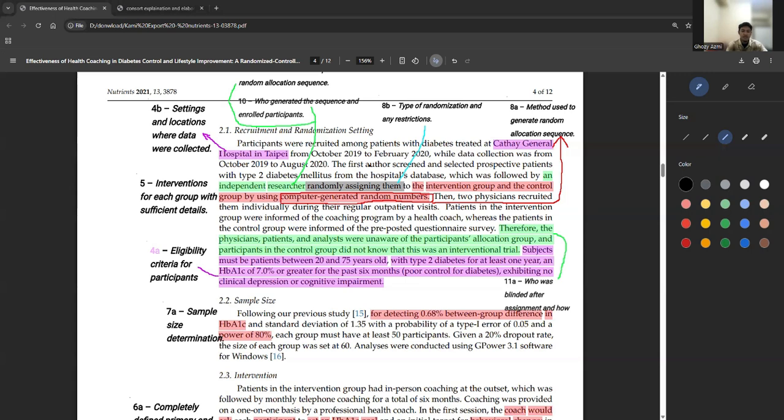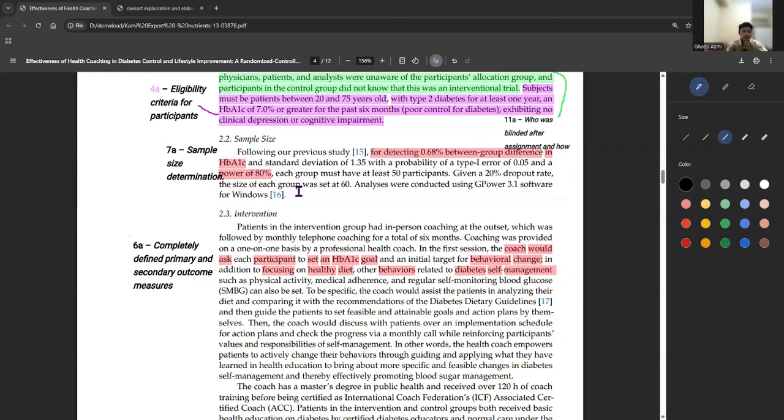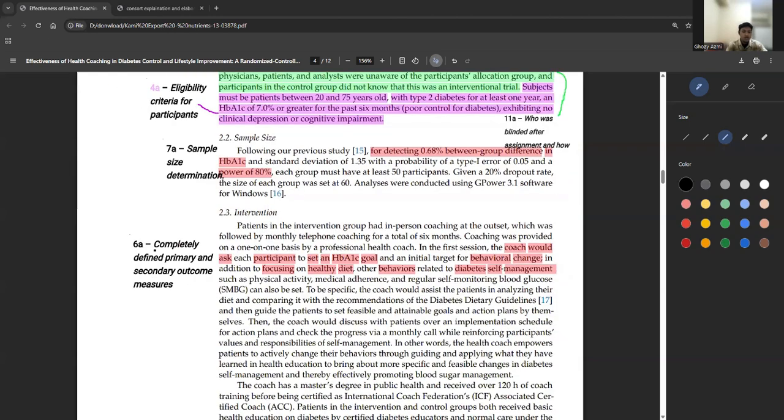Item 6A, the outcome must be clear. The main outcome is completely defined primary and secondary outcome measures. The coach would ask participants to set an HbA1c goal and behavioral challenge focusing on healthy diet.